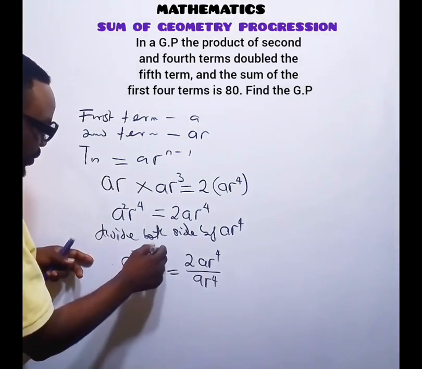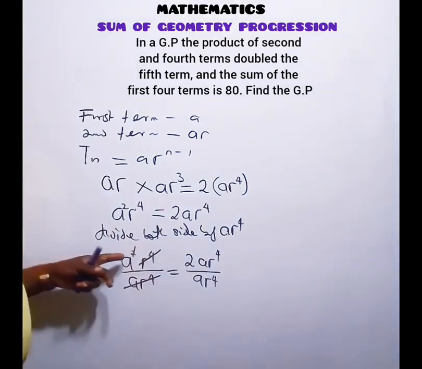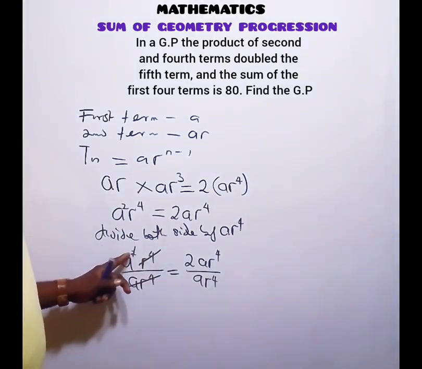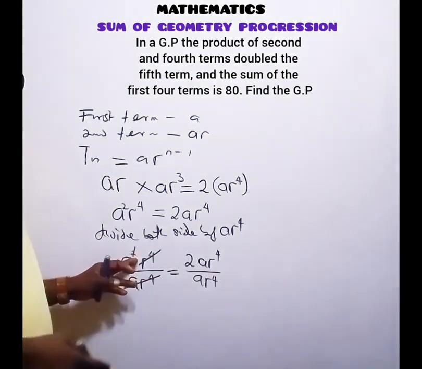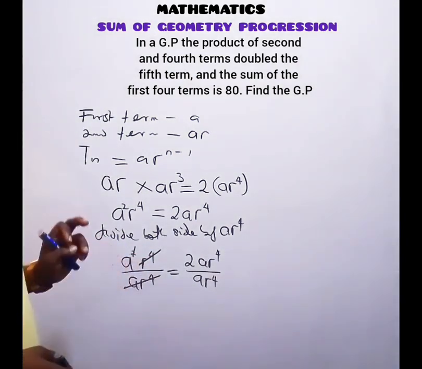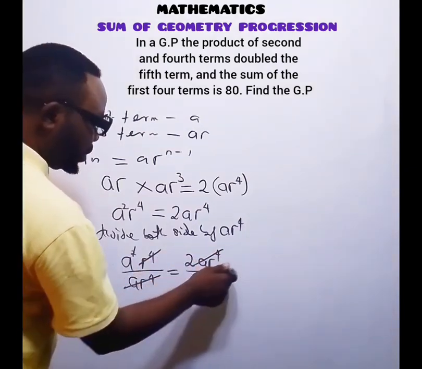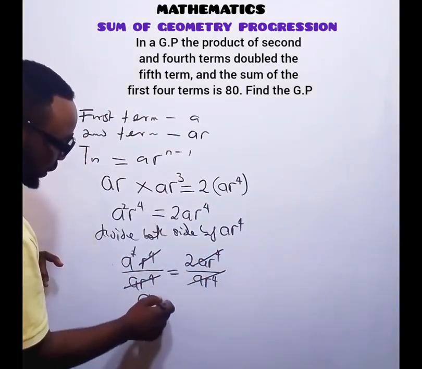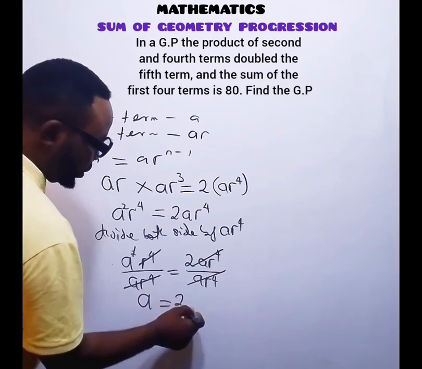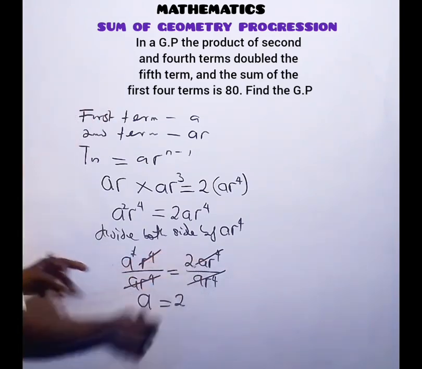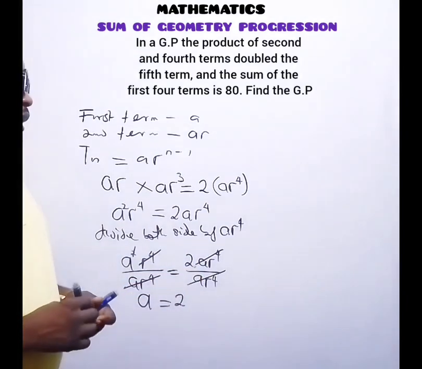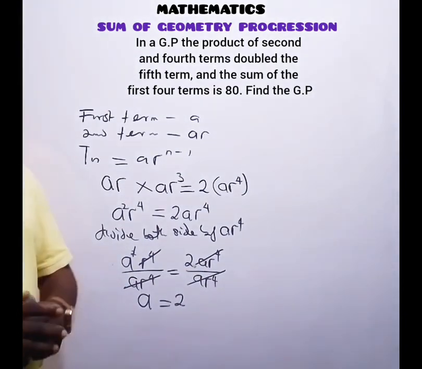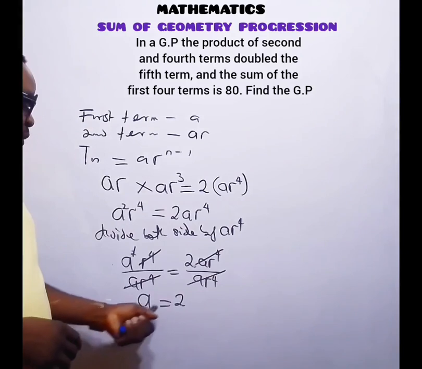When we cancel this, then one of these A goes. Don't forget that this A squared means A times A. So one of the A goes out, it remains just a single A. All this R to the power 4 goes as well. Where we have A will now be equal to 2, because it's only 2 that is remaining at the right hand side here. Now, we have gotten the value of the first term to be equal to 2.